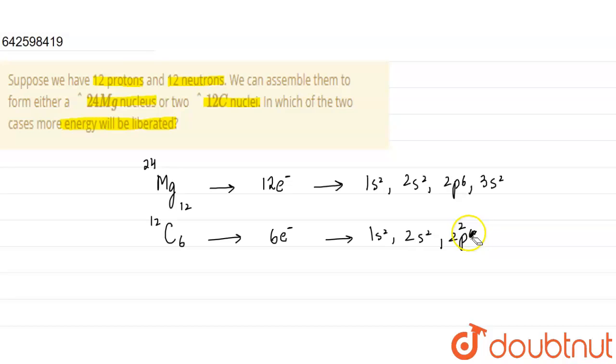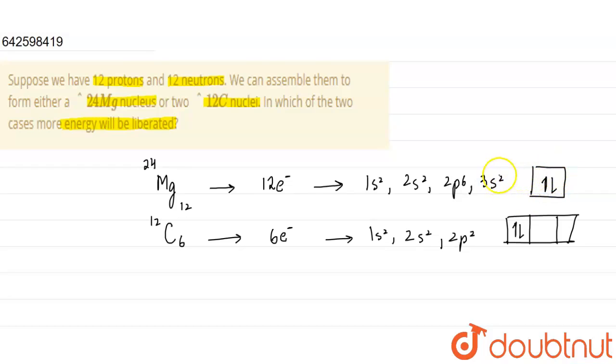How many orbitals do we have in the p shell? We have 3 orbitals, 1, 2, and 3. In each orbital, there can be a maximum of 2 electrons. So in this we have 2. Here the s orbital is the valence shell, that means the last shell, and we have 2 electrons.